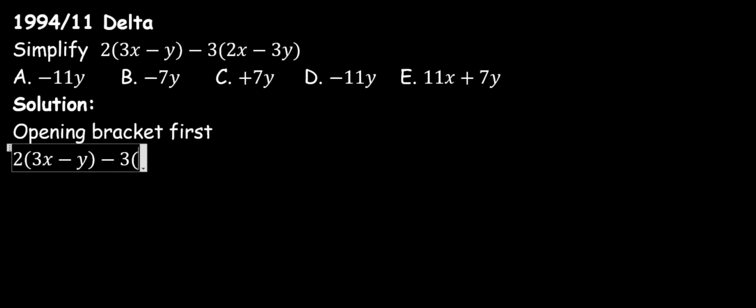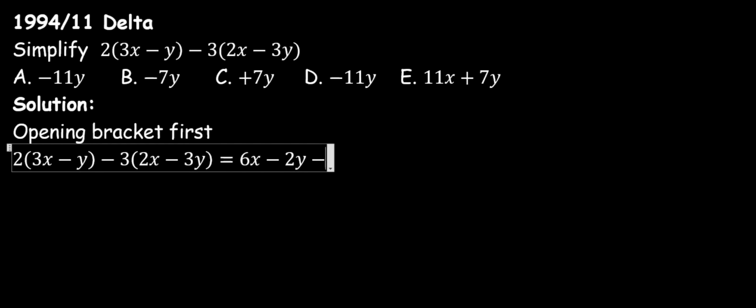into bracket open 2x minus 3y bracket close will be equals to, in the first case we are using 2 to multiply the bracket, so we have 6x minus 2y. Then we use minus 3 to multiply through the other bracket, and we have minus 6x plus 9y.